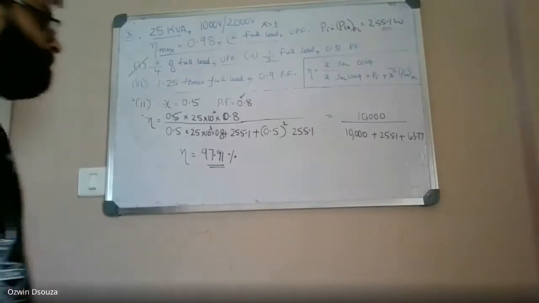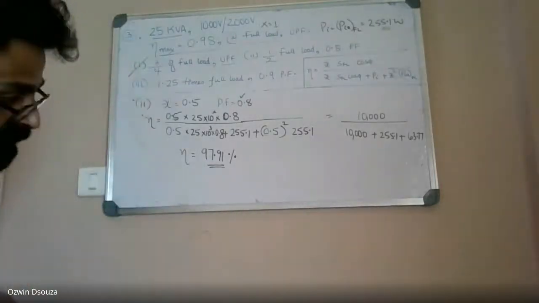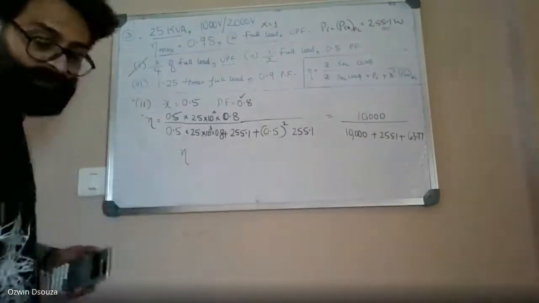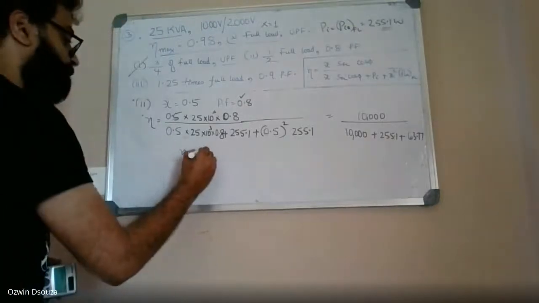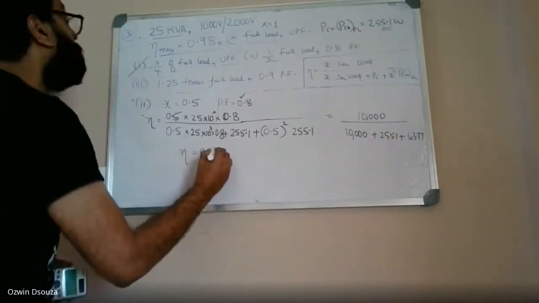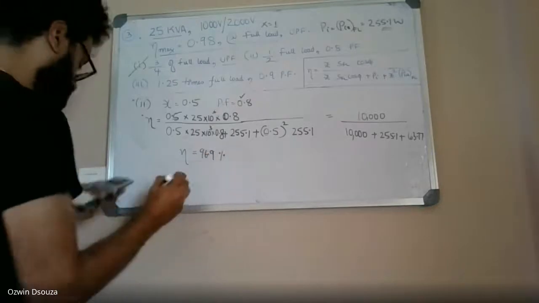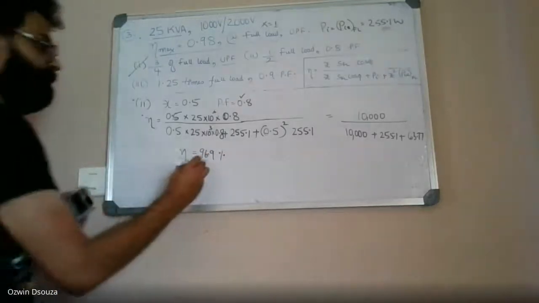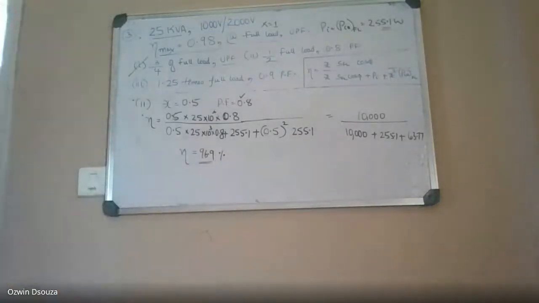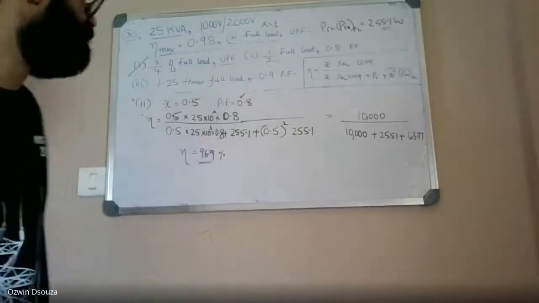So for case 2, efficiency is 96.9%. You'll get 96.9%. I have substituted the values.